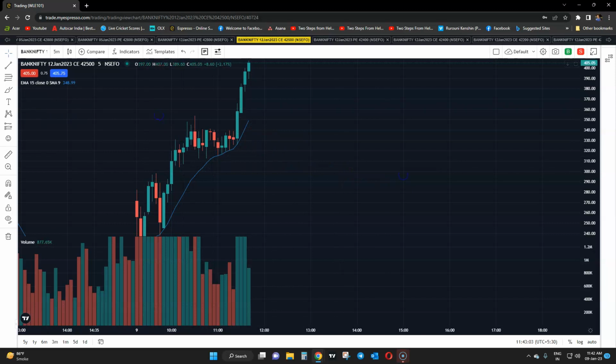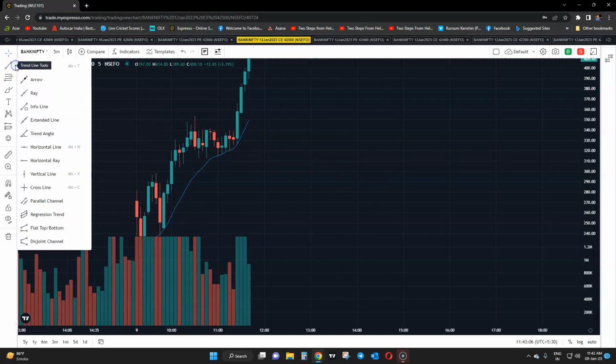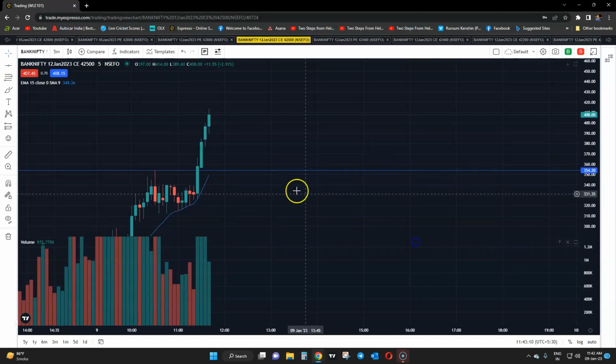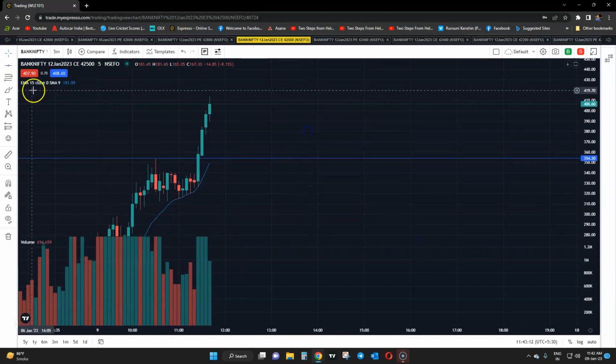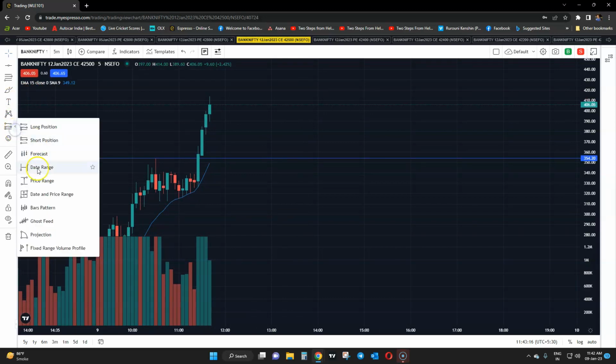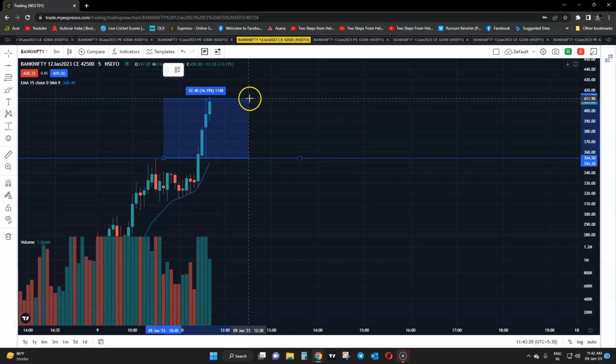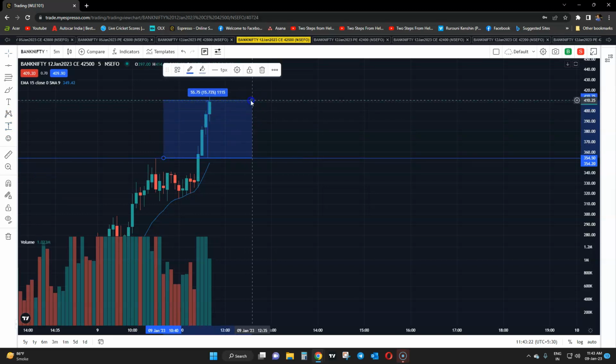And if you placed your order here, you'd be filled in, and this is good. This is good momentum. Oh, 50 points. So let's say 55 points is what you would have earned.